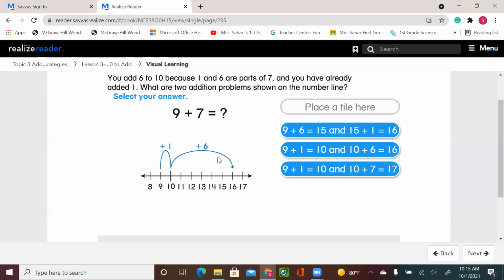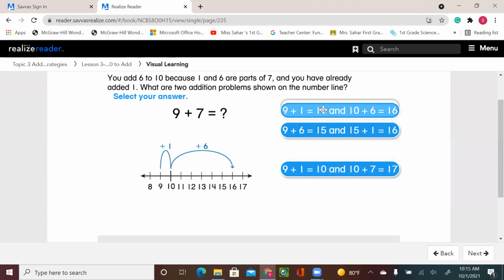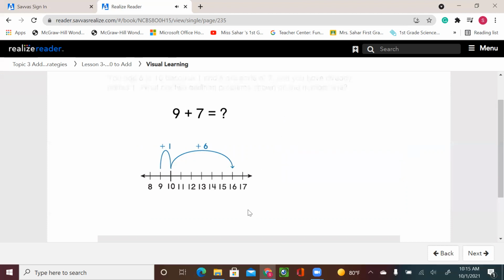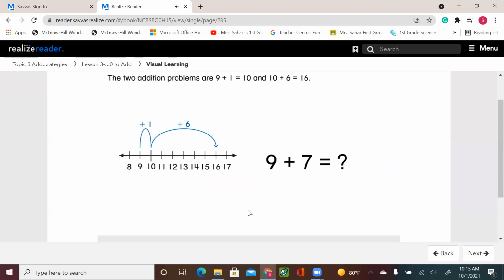As you see, plus 6. Or 9 plus 1 equals 10 and then 10 plus 7 equals 17. Very good. The two addition problems are 9 plus 1 equals 10 and 10 plus 6 equals 16.